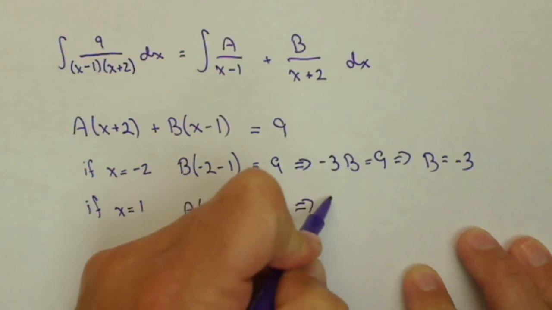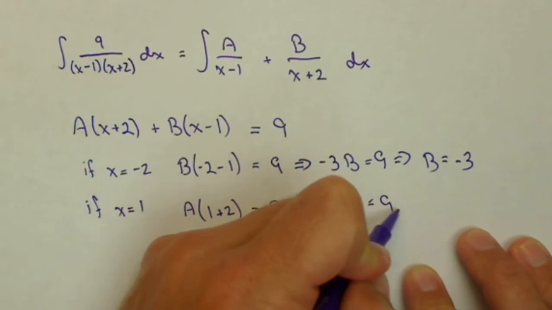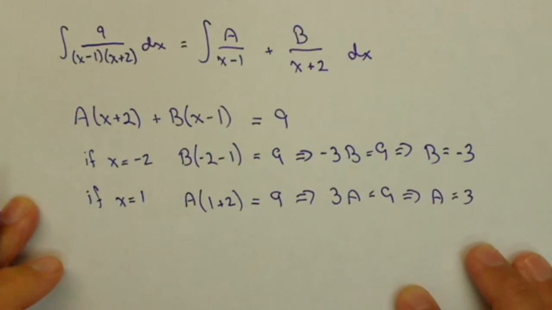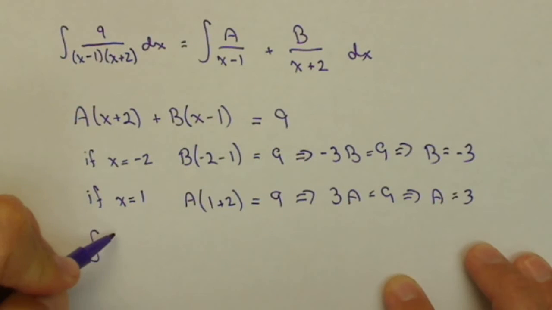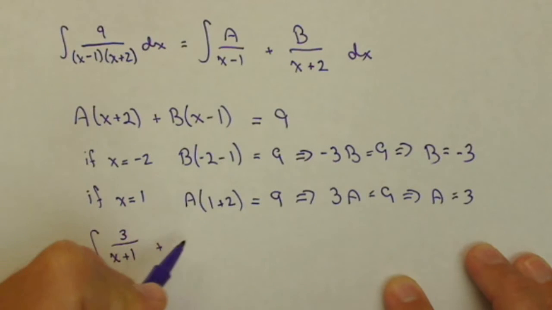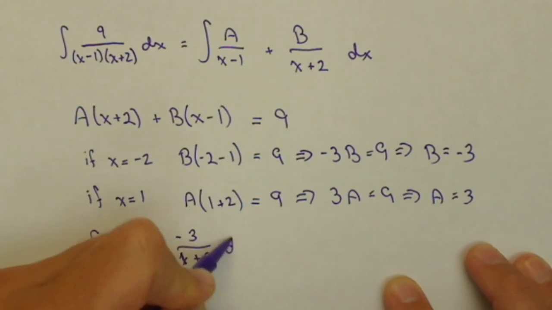So that gives us 3A equals 9, or that A equals 3. So here's our new integral: 3 over x minus 1 plus negative 3 over x plus 2 dx.